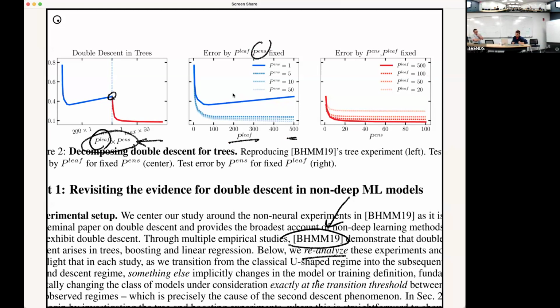Then they do the reverse. They fix the number of leaves and vary the number of trees. The parameter number grows, but they show that it's still convex, like in that figure, the red plot. I was reading it in monochrome, so I didn't know there were colors. It was still accessible.